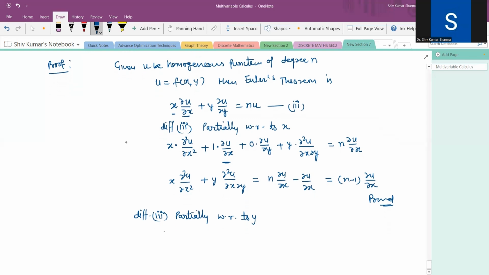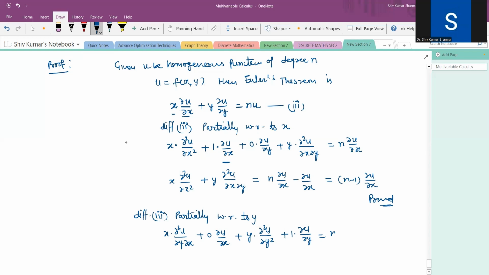So we write x ∂²u/∂y∂x plus differentiation of x is 0 times ∂u/∂x, plus differentiation of y, we write it as it is, and the differentiation of ∂u/∂y is ∂²u/∂y², plus differentiation of y is 1, and we write the second term as it is.